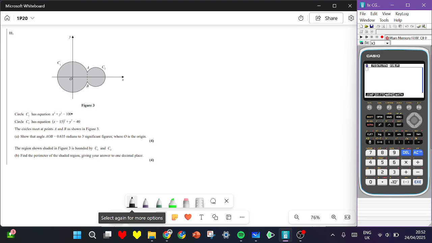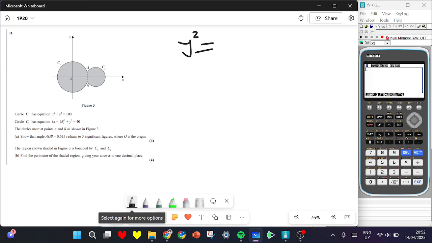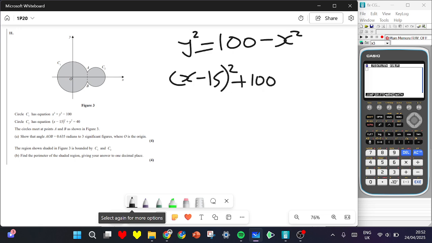So let's rearrange the first equation to make y squared the subject. If we make y squared the subject, we get that it's equal to 100 minus x squared. And then we want to sub this into the y squared in the second equation. So we have x minus 15 squared plus 100 minus x squared is equal to 40.